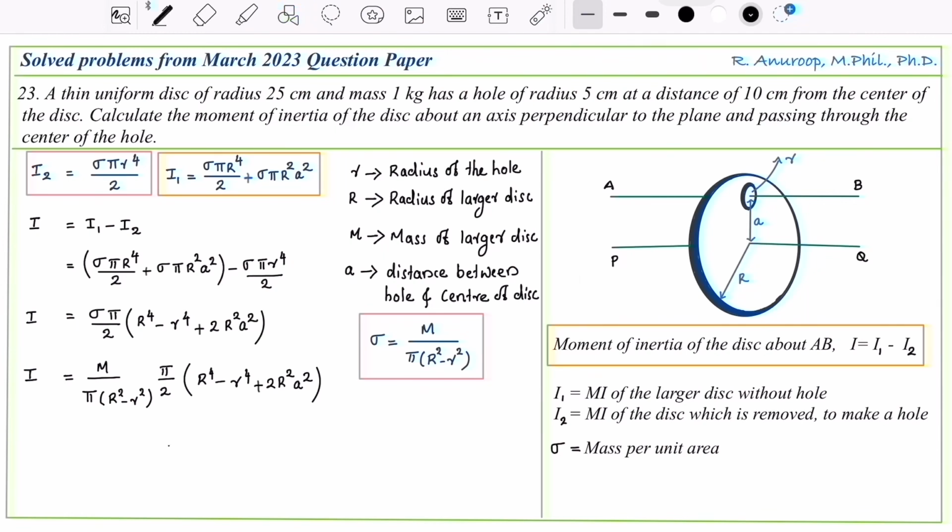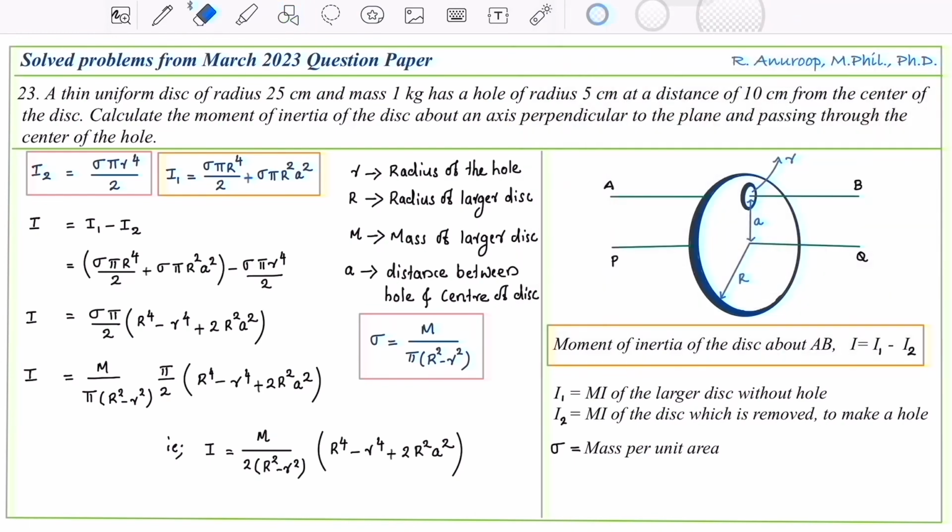Here pi and pi cancel. Therefore, the moment of inertia of the disk about AB is M by 2 times capital R square minus small r square, then capital R raised to 4 minus small r raised to 4 plus 2 times capital R square small a square. This is the expression for the moment of inertia of the disk about AB.